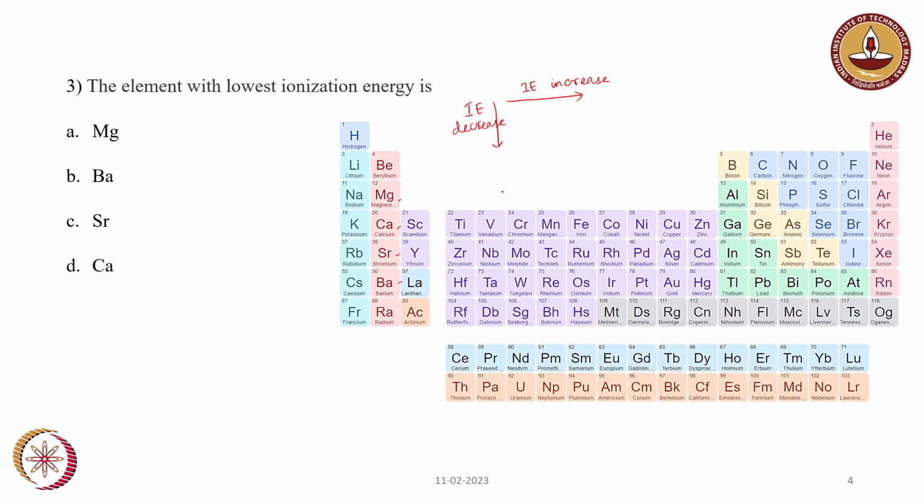And when you move down a group, electrons experience a low effective nuclear charge, so the ionization energy becomes low. In this group 2, among the given options, barium is at the bottom. So barium will have the lowest ionization energy among these four. So option B, barium.